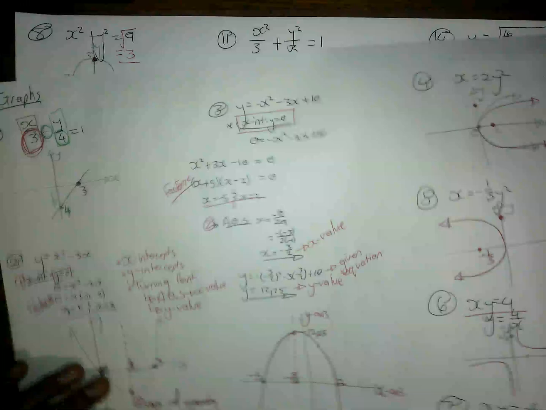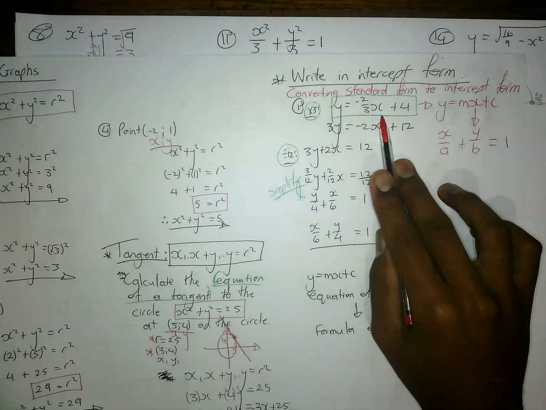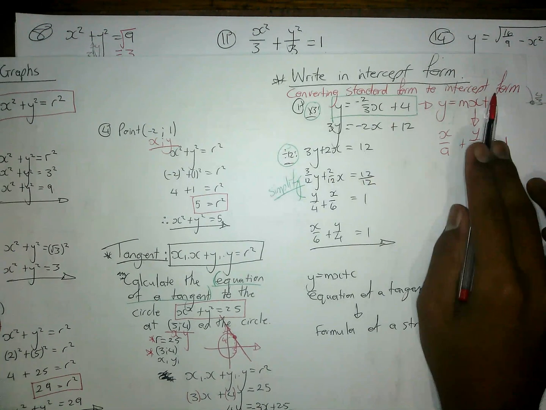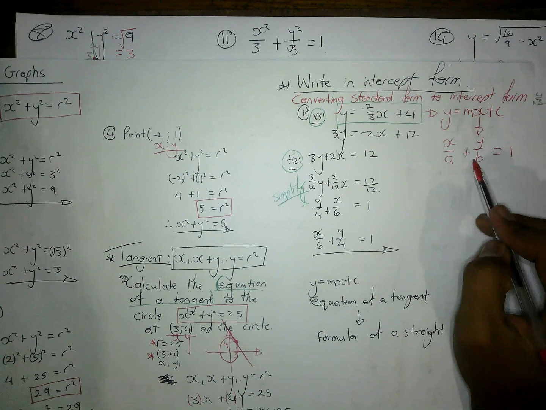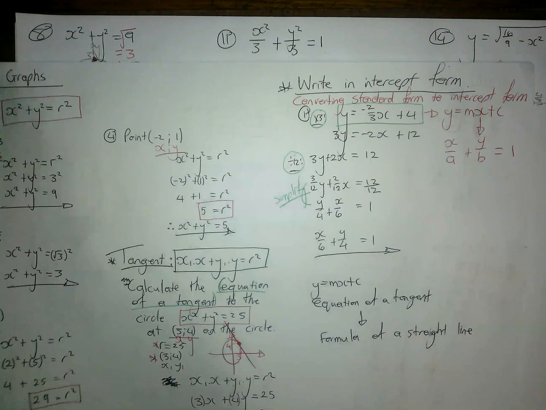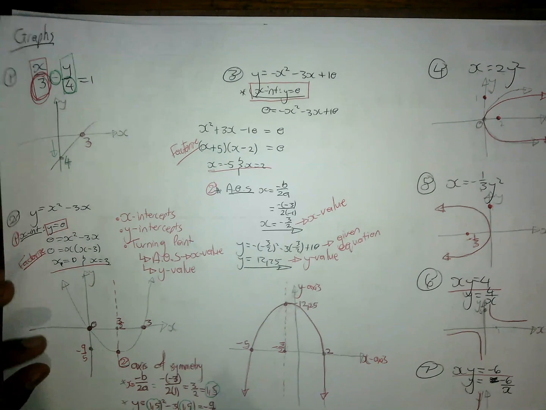We go from the standard form of a straight line to intercept form. So this is our standard form of a straight line, and this is intercept form, so we don't get confused.